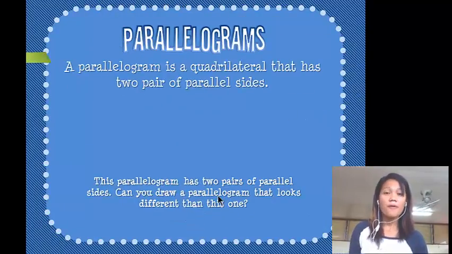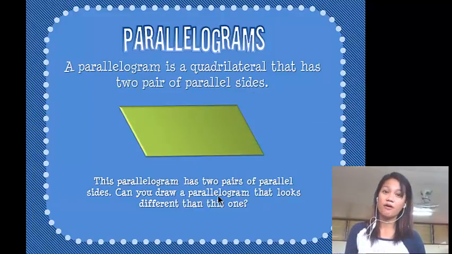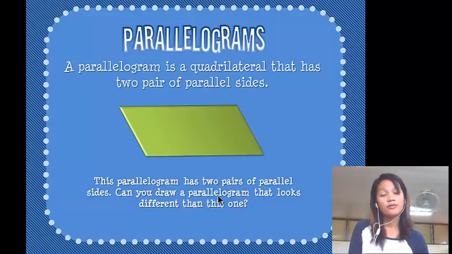Parallelograms. A parallelogram is a quadrilateral that has two pairs of parallel sides. So it is like the square, it also has two pairs of parallel sides. But do you think the sides that make up the parallelogram are all equal?